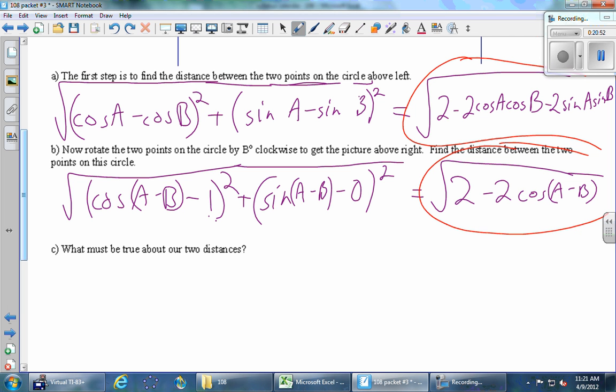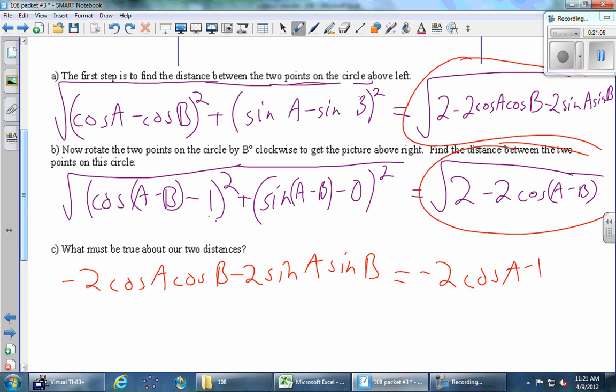I'll write down what is there. -2, this is the top one, cosine A cosine B minus 2 sine A sine B. And that is now equal to -2 cosine of A minus B. Now what can I do to both sides? Divide by -2, so all those -2's go away.